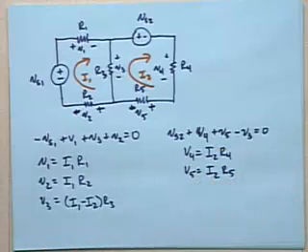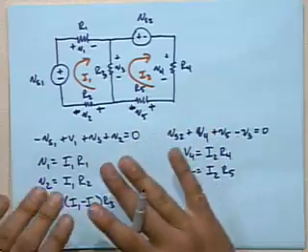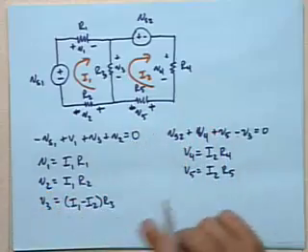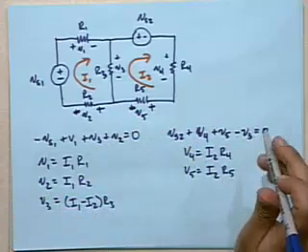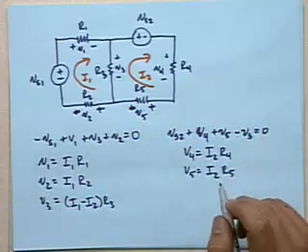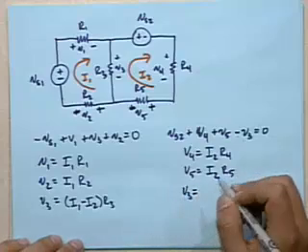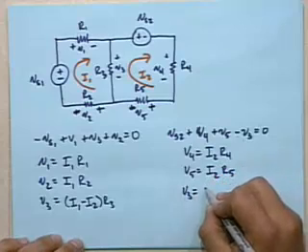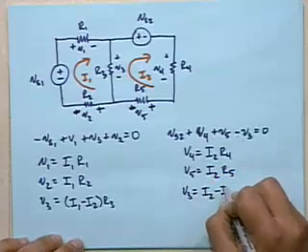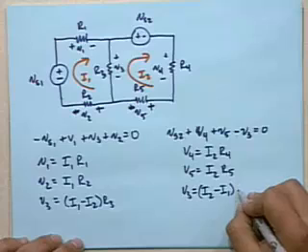Now here, this is again where I want you to say, we know what V3 is, but what I would really like to see you do is to say, well, V3 is the current I2 minus I1 times R3.